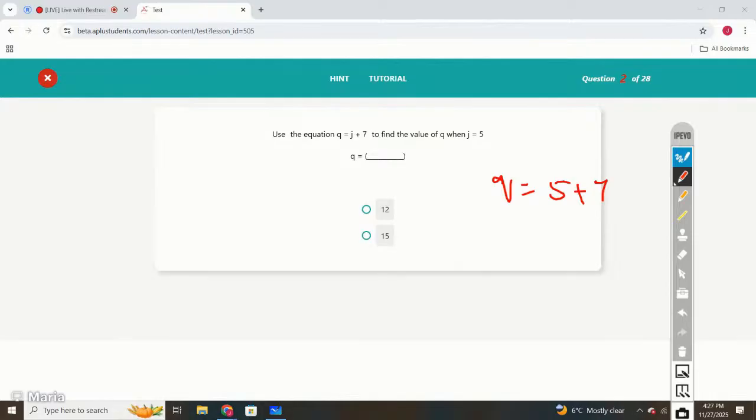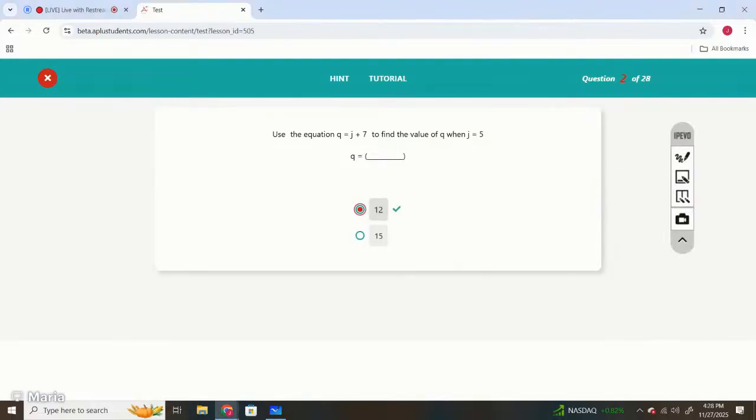So 5 plus 7 equals 12. Option number 1 is the correct option, 12 it is.